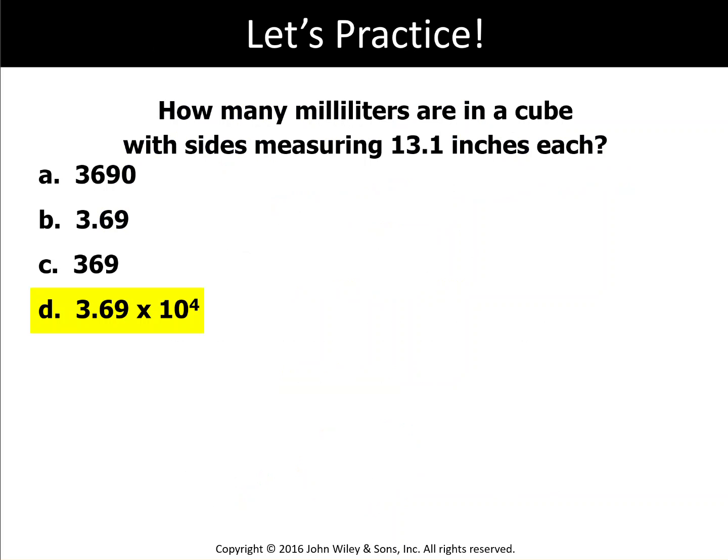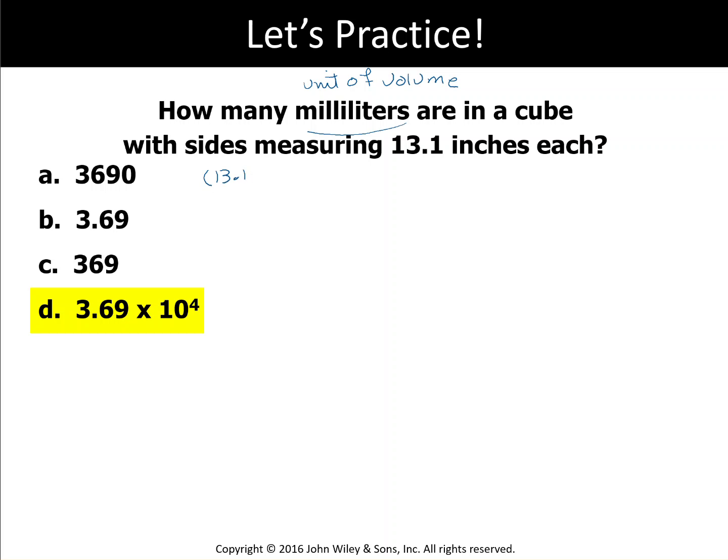So let's do another example here. You want to know how many milliliters are in a cube with sides measuring 13.1 inches each. So milliliters is the unit of volume. So we have to find the volume of the cube first and then convert it to milliliters.